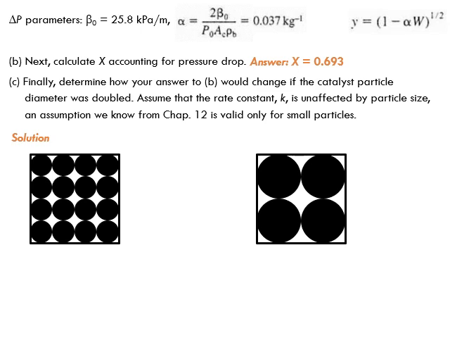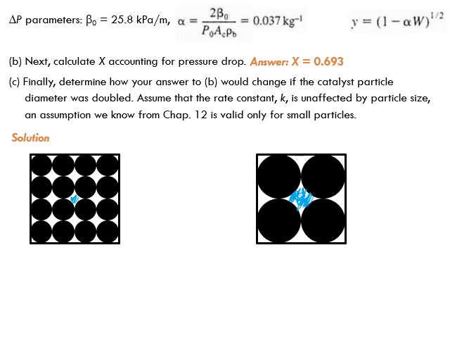The void fraction is the same, because although you have larger voids here and smaller voids here, the number of voids is more, right? So the total void fraction remains the same, but the void between the particles increases.